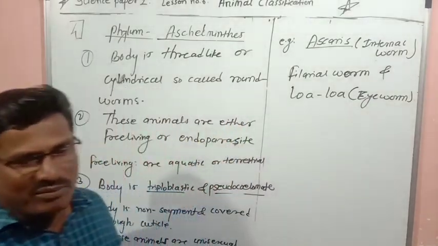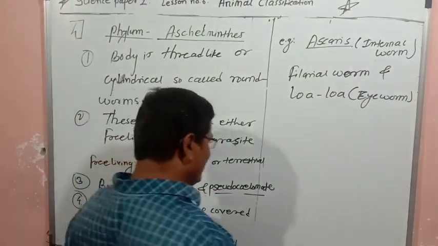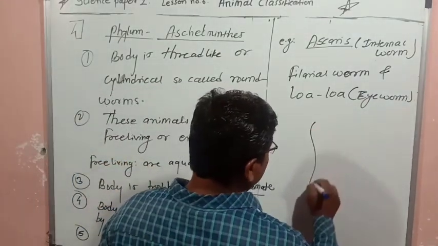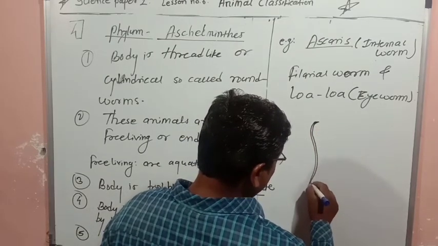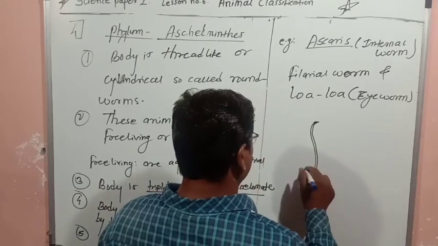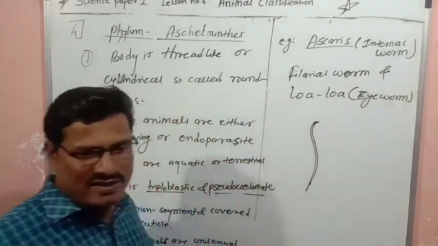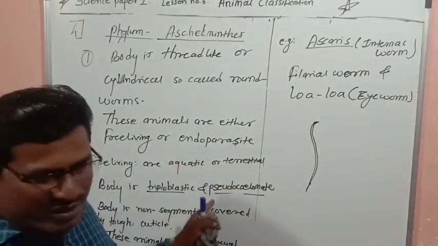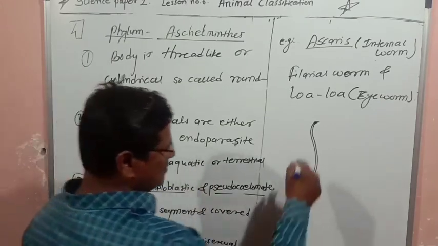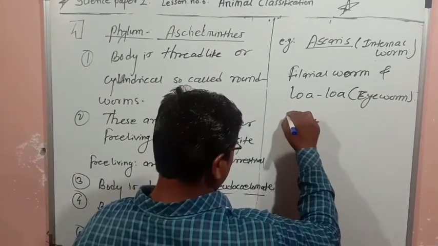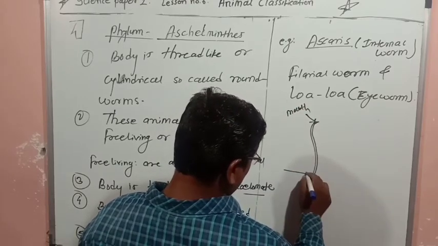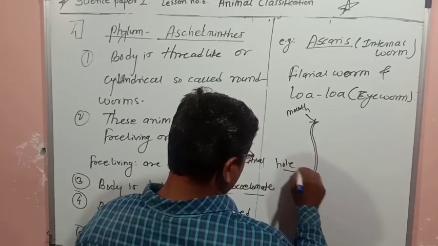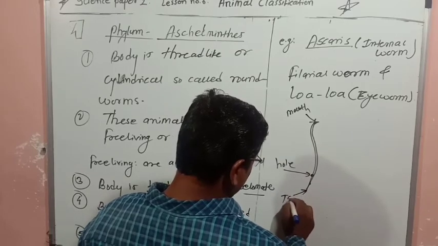So these are the examples, and in that you can draw a diagram. The body is cylindrical, long, thread-like. In this, the mouth is there, the hole is there, and the tail is there. Suppose here the mouth, then here the hole, and here the tail.